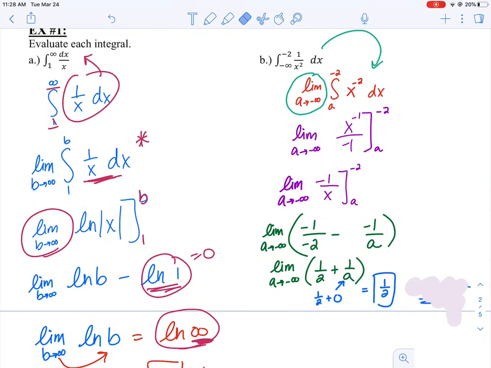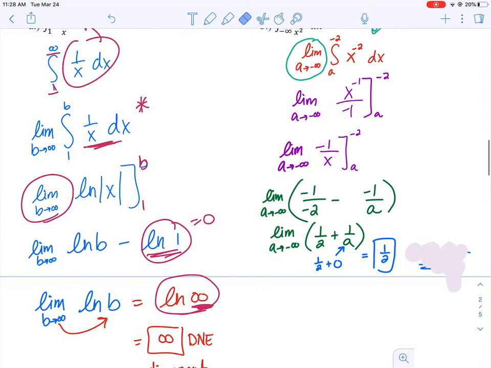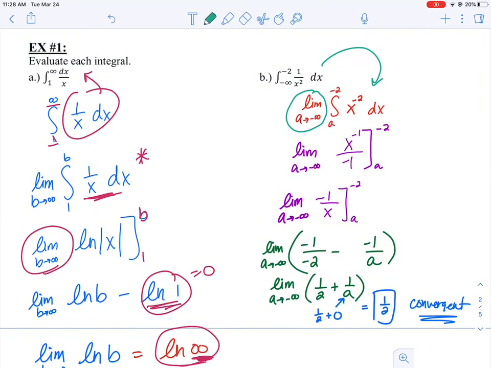So that means the area underneath this curve, starting at negative 2 and going to the left as far as you can possibly go, really just ends up adding up to a total of 1/2. This we call a convergent integral.